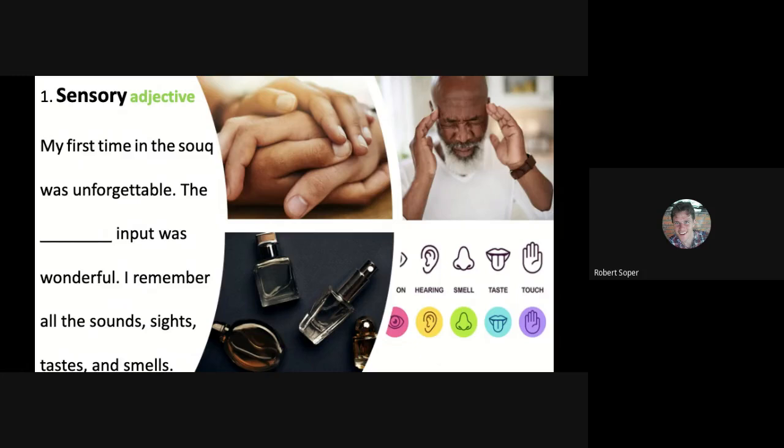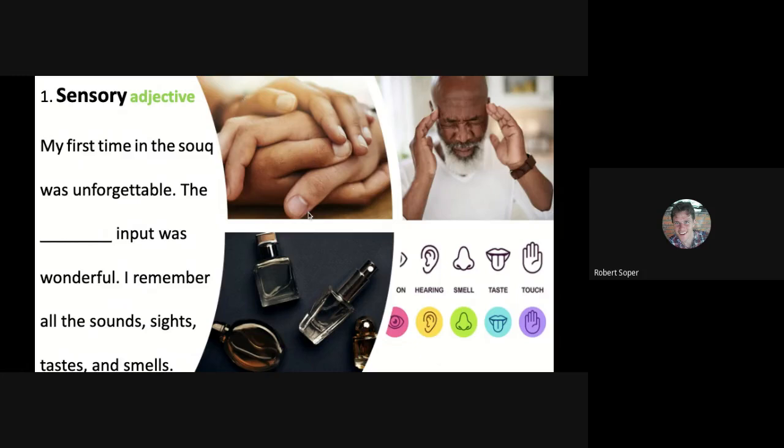Remember, when we're talking about perception, we're talking about the way one uses his or her senses. So when we're talking about sensory, we're talking specifically about those senses. So what are the senses? Again, they are hearing, seeing, smell, taste, and touch.